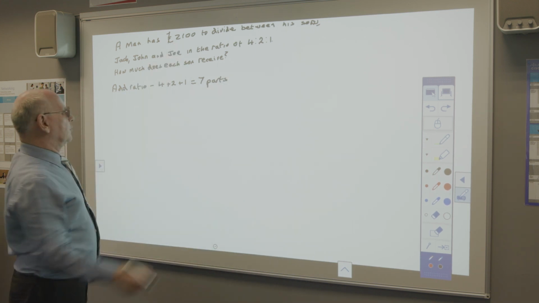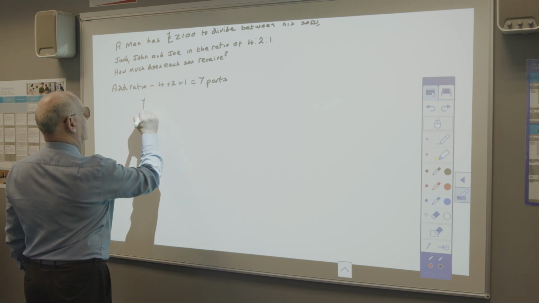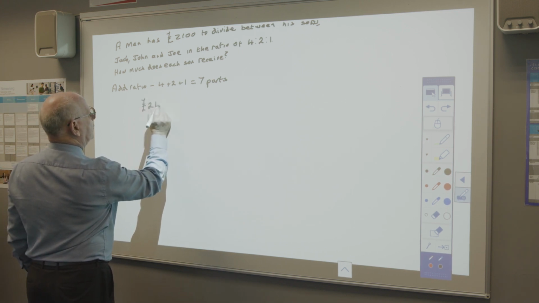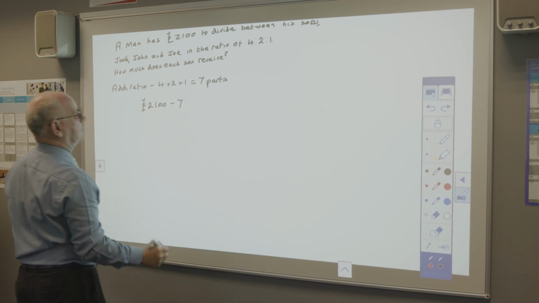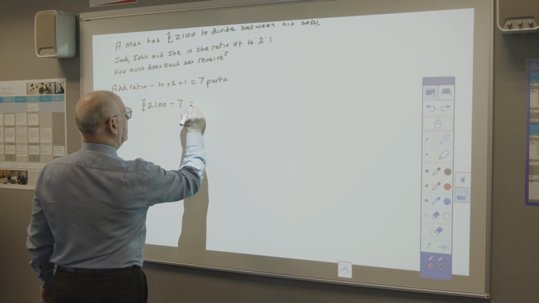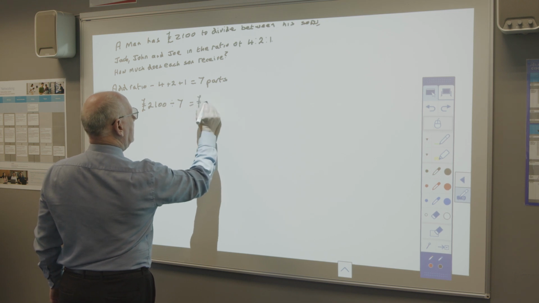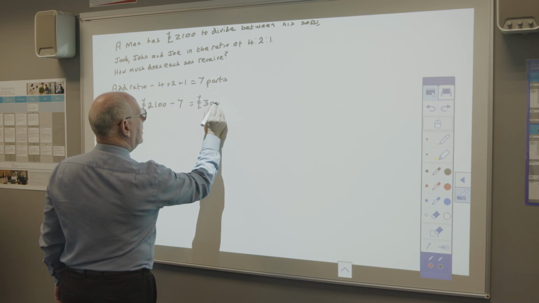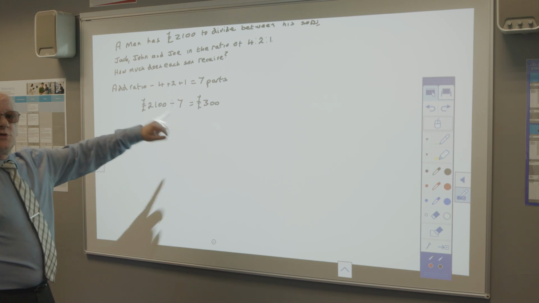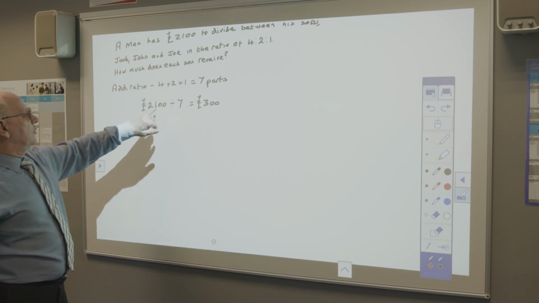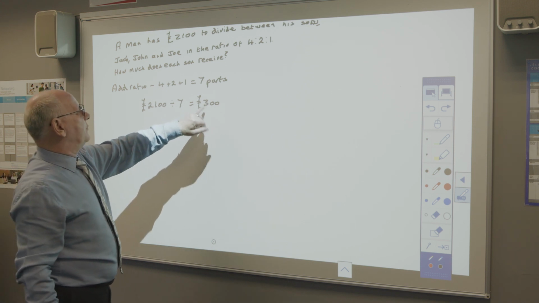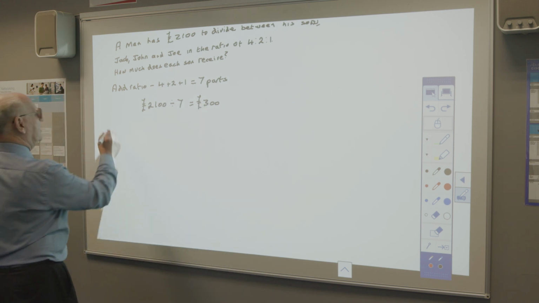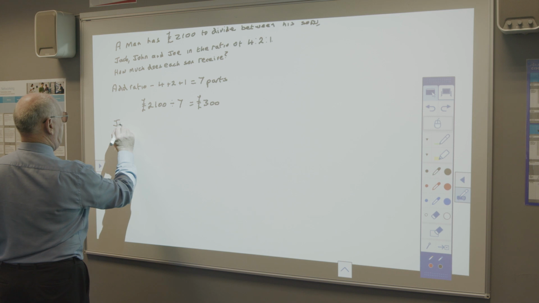We've got £2,100 divided by 7. £300 per part. 2,100 divided by 7 is 300. £300 per part. So now we can work out the answer.